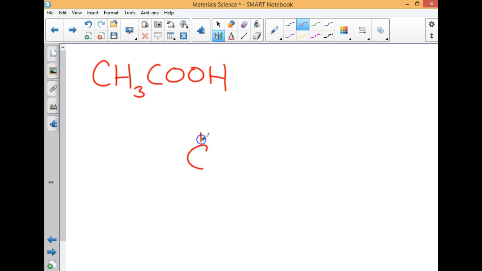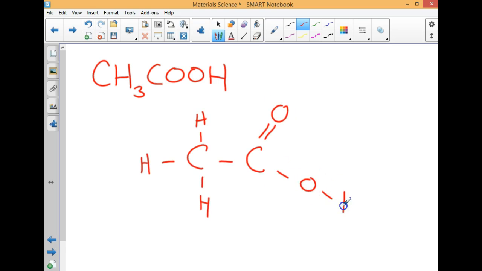In order to do this one, you have no choice but to draw it out. Then once you've drawn it out, you can put the electronegativities.